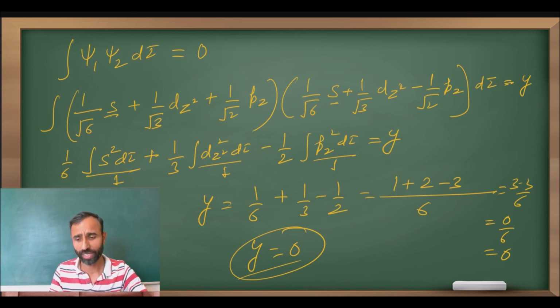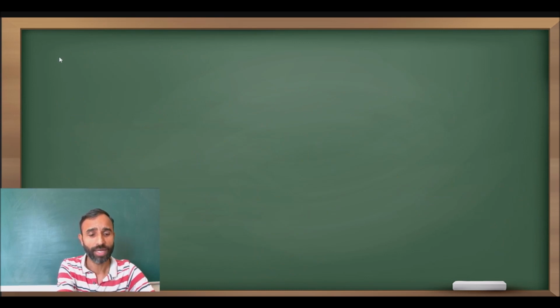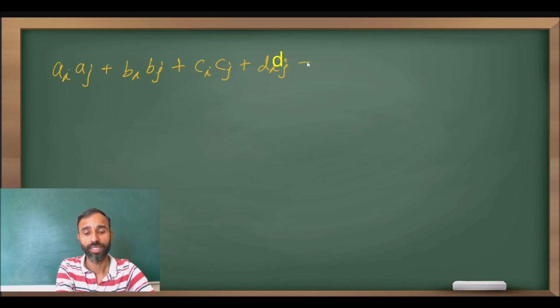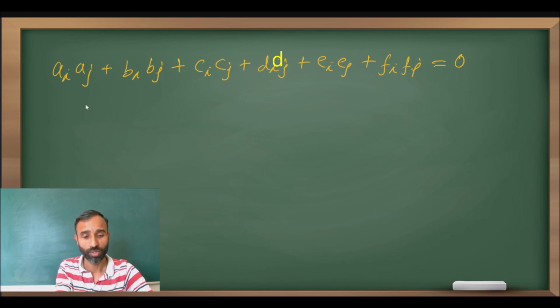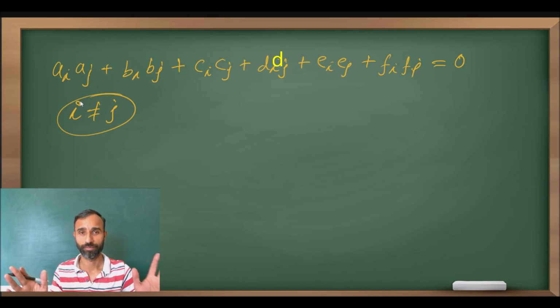So accordingly, you can prove any other pair: ai aj plus bi bj plus ci cj plus di dj plus ei ej plus fi fj should be equal to 0 and i should not be equal to j. That's it.